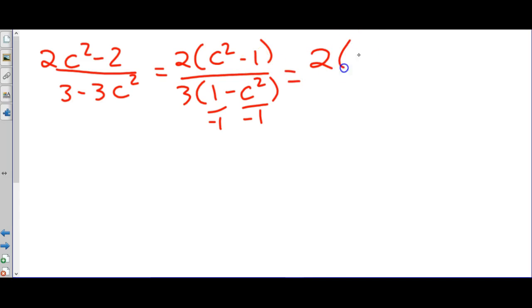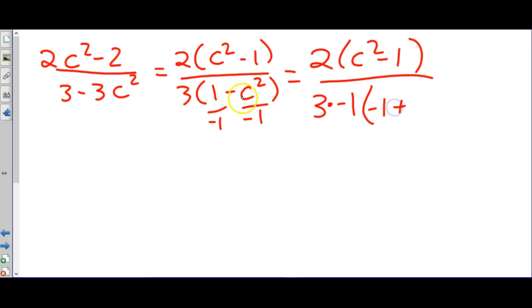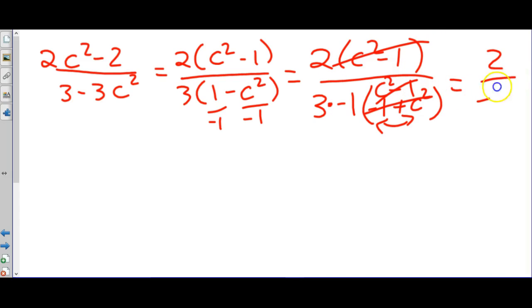So we're going to factor out our negative 1. This will be 3 times the negative 1. That divides out to be negative 1. That becomes positive c squared. But we want to switch that order so that it looks exactly the same and can cancel. So really we have c squared minus 1. So these cancel, which leaves us with 2 over negative 3.